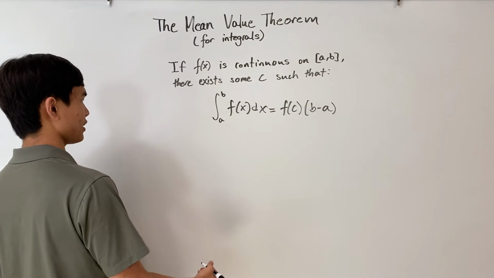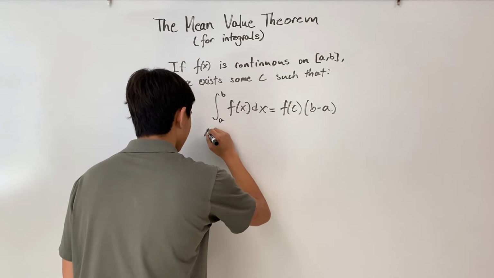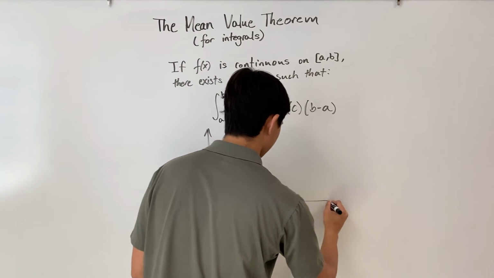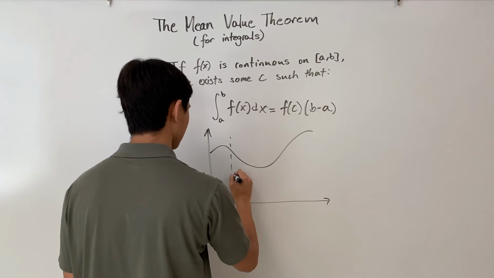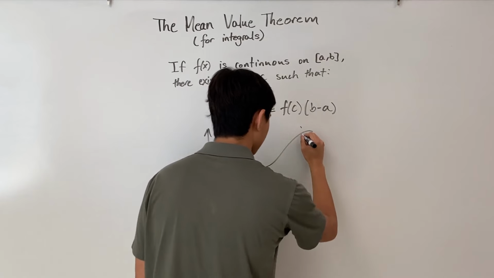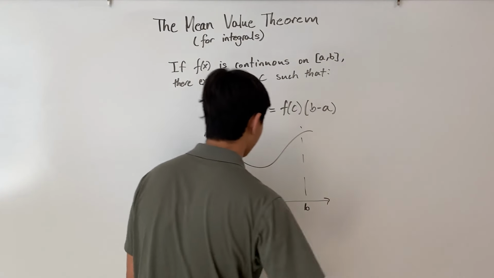What this is saying, let's look at it on a graph. If I have this function, call this a, we'll call this b.